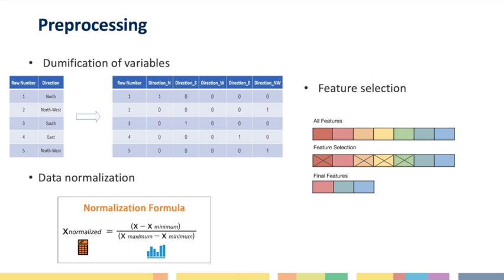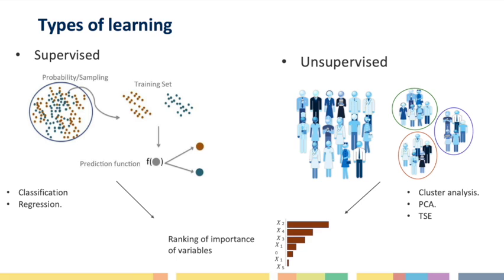So sometimes it's very useful if we help the algorithm and we remove those variables that are redundant or that are irrelevant for the model. And in the end, we have a data set with more reduced variables, and it's going to be easier for the model to train. And it's also going to be easier for us to read and interpret it.